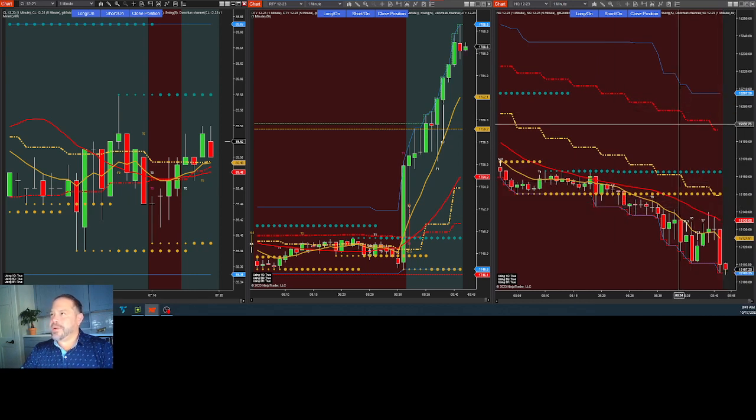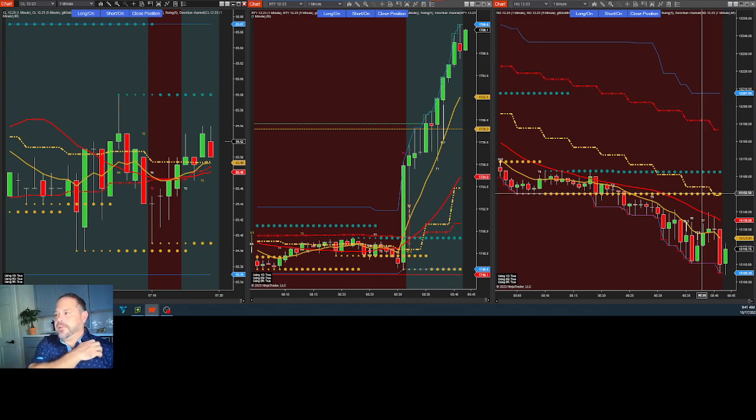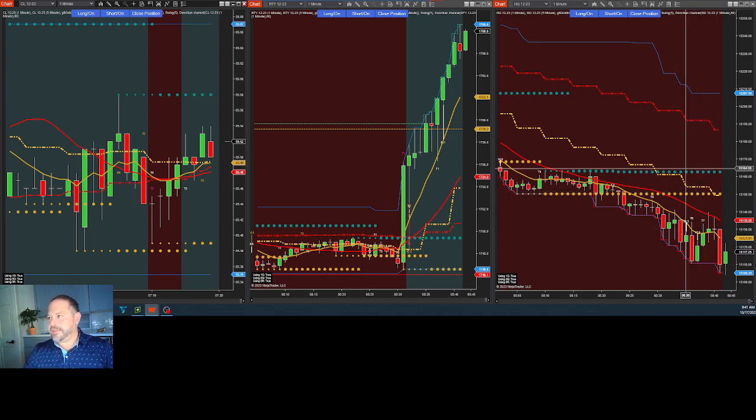So his strategy is pretty simple. He's waiting for price to pierce one of these EMAs in a pullback. And what he's looking for is if there's enough space for you to be able to get, let's just say, 5 points or 10 points, relatively smooth, he considers that to be a really good setup.